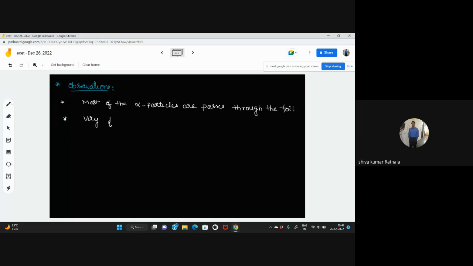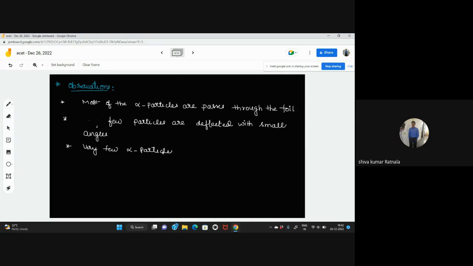Very few particles are deflected with small angles. And few particles, let me write here, we will write few, and here we will write very few alpha particles.